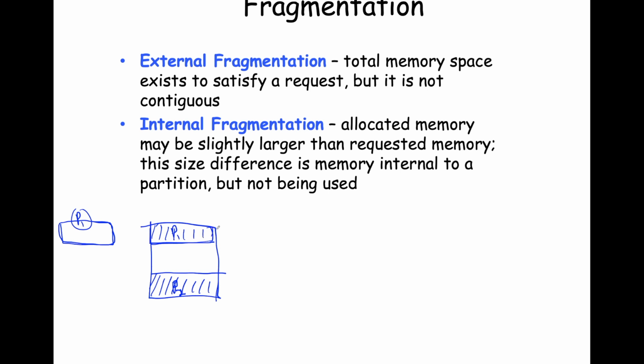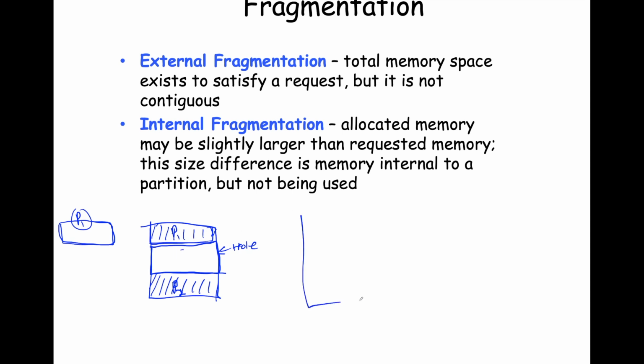What external fragmentation refers to is these holes that are unallocated, the total memory space that is available to satisfy a request. So this particular hole here is available for some process to come along and be allocated to it.